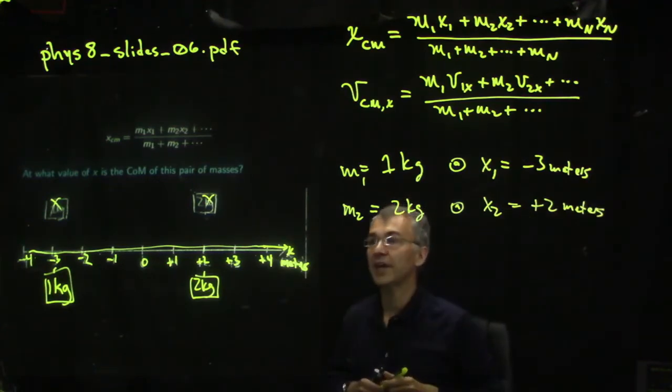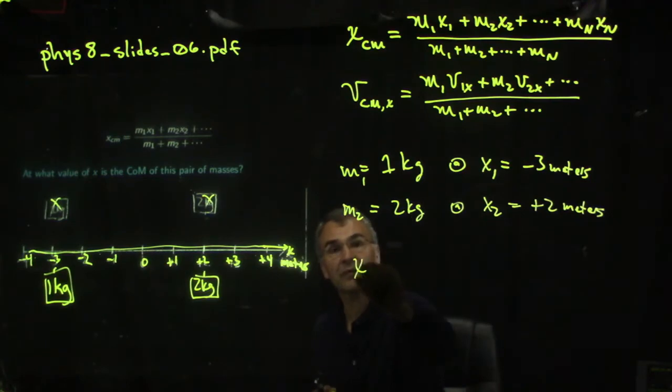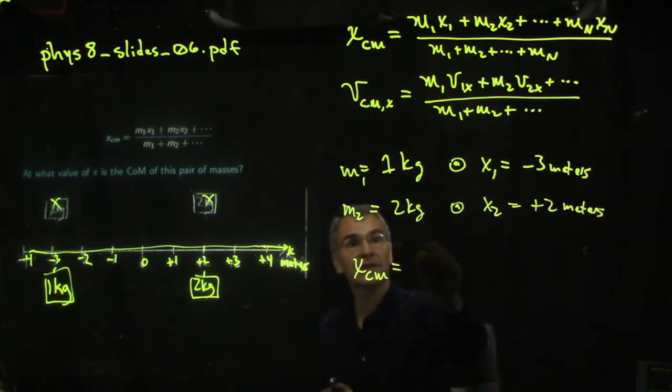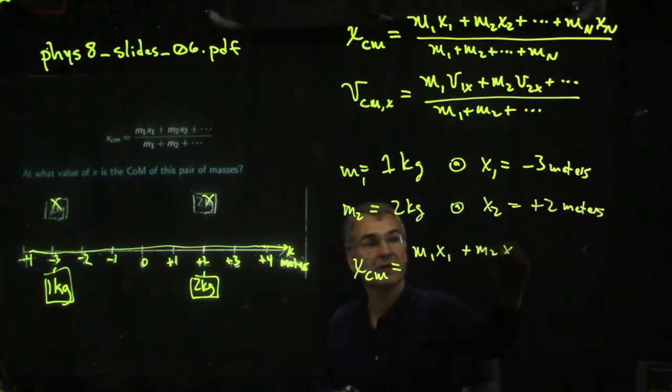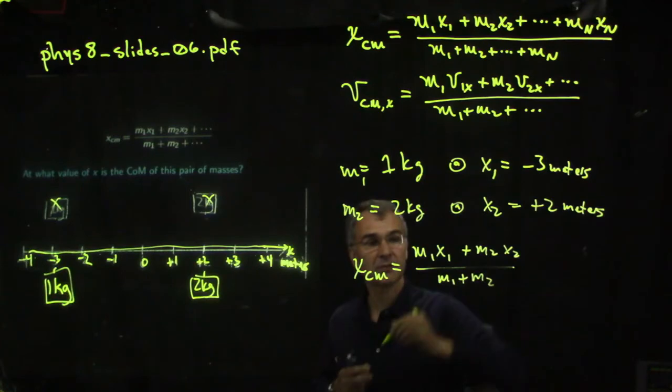Okay, then what is x center of mass? I would say x center of mass is m1 x1 plus m2 x2 over m1 plus m2.